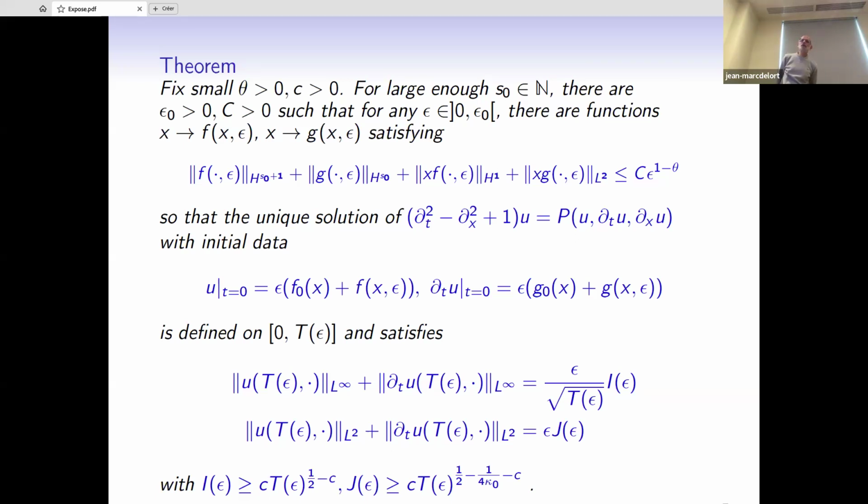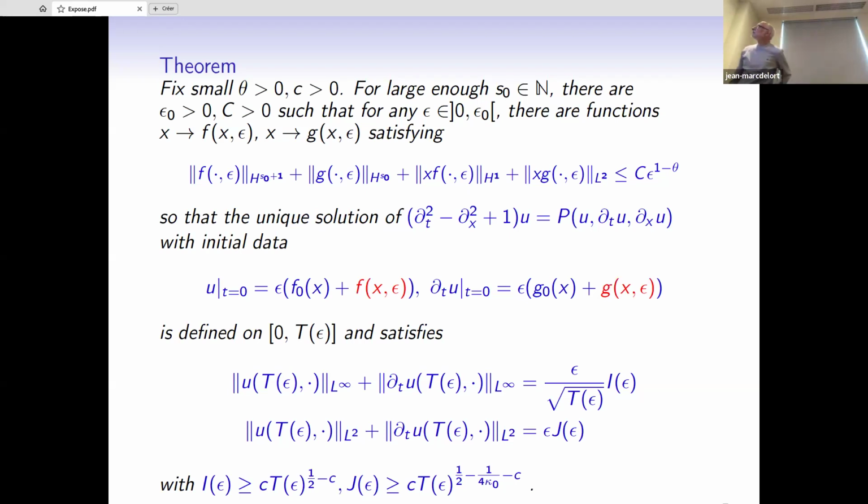And these f and g also have decay properties: x f in H1, x g in L2 are also smaller than epsilon to the 1 minus that number. Then I shall solve our Klein-Gordon equation with cubic nonlinearity satisfying the assumptions that I said before.